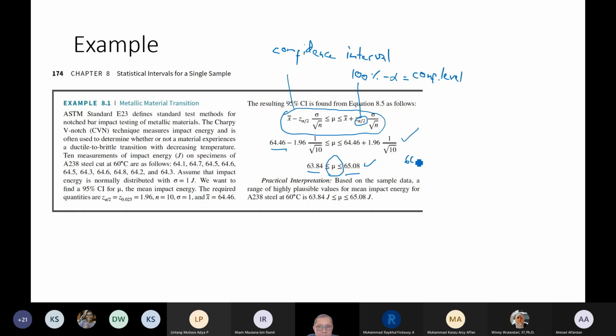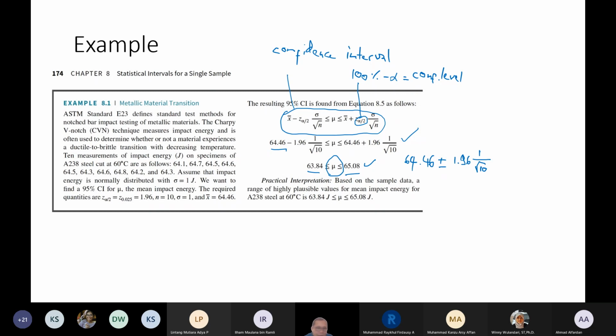Or you can also state it like this. This is the sample mean, not the population mean. Sample mean plus minus sampling error, which in this case is 1.96 times sigma, assumed to be 1, divided by square root of 10.